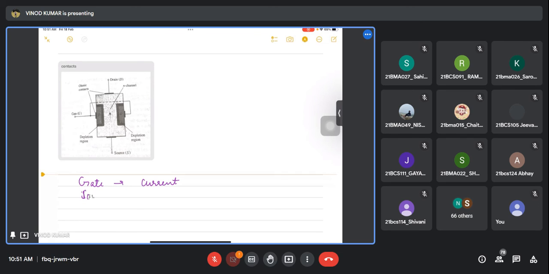So source is source for charge carriers.